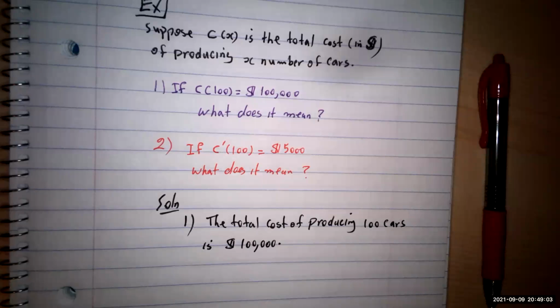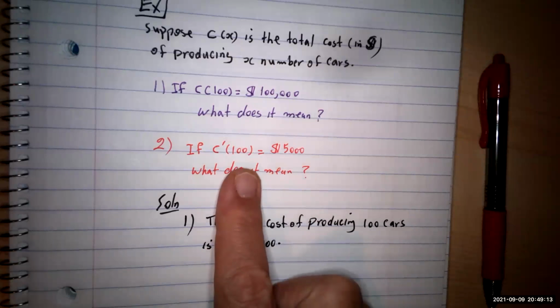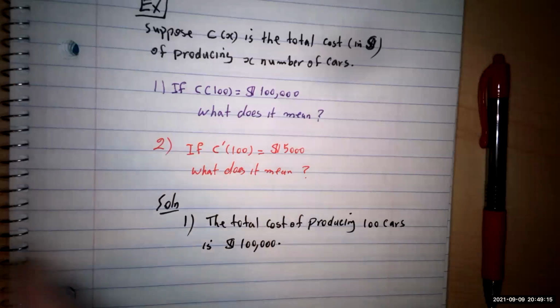C prime of 100 means you are going to consider the rate of change in the cost of the production at the level of 100 cars. See, that's one, because the level is important. So C prime of 100 means the rate of change in the cost production at the level of 100 cars.